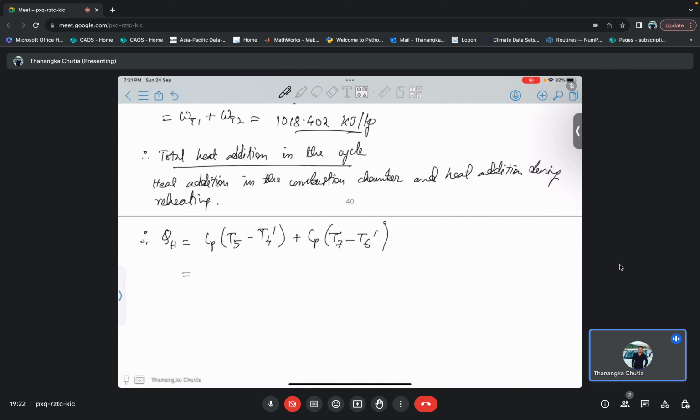So putting all these values, 1.10 into 1500 minus 484.16 plus 1.10 into 1500 minus 1037.09.